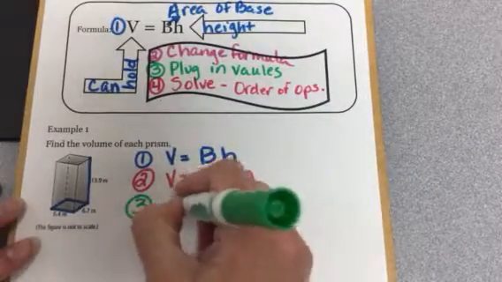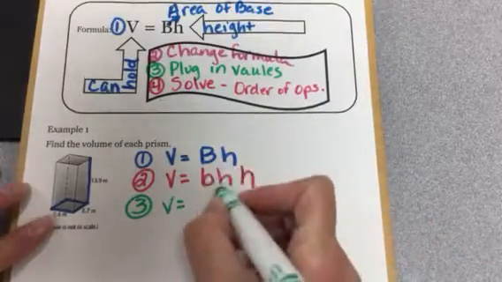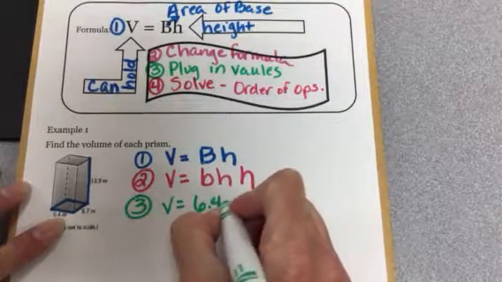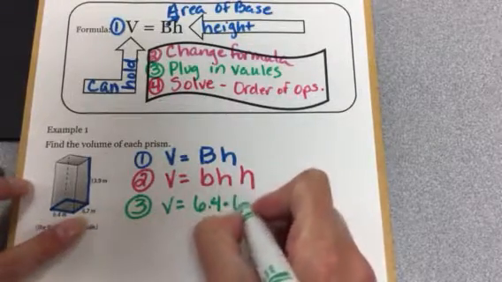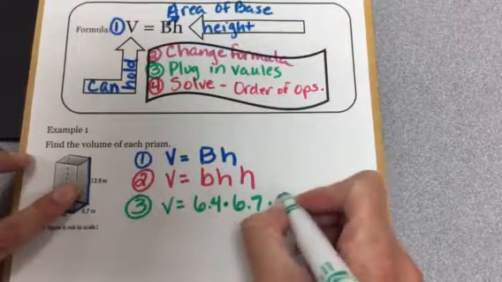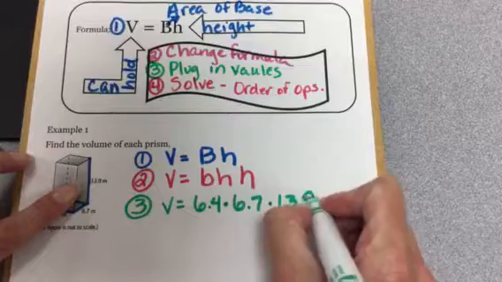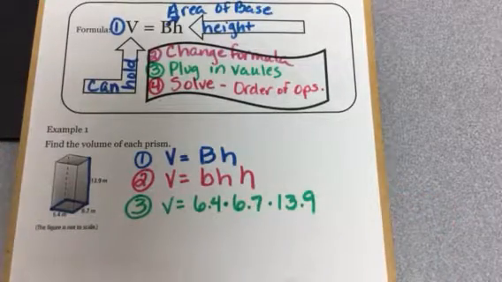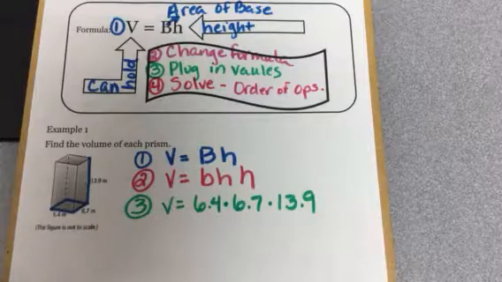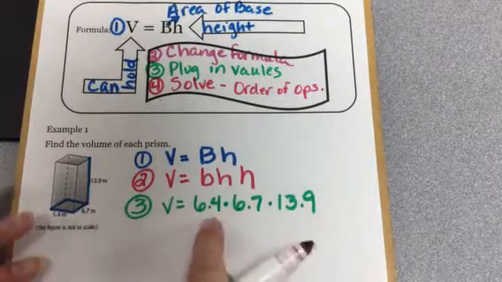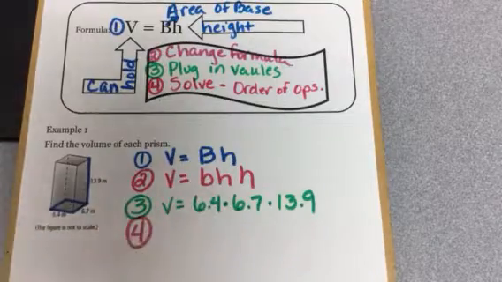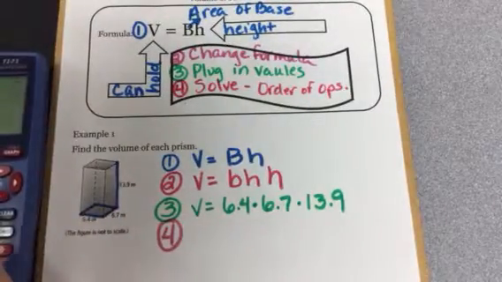So volume is equal to, base of the base is going to be 6.4 times the height of the base is going to be 6.7 times the height of the whole figure, which is 13.9. So what my equation tells me to do is to multiply these 3 numbers together. So step number 4 is going to be to solve.